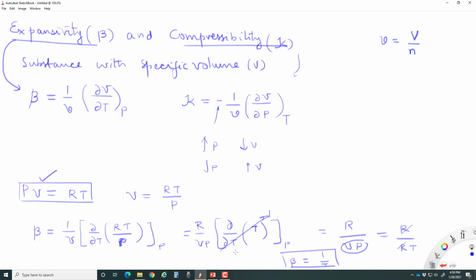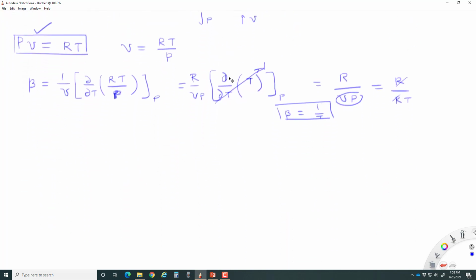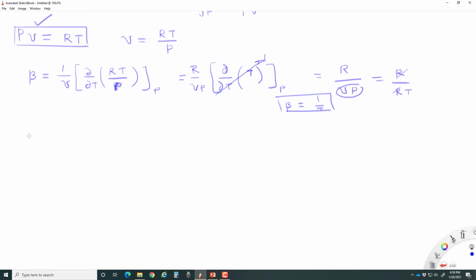Now let's look at the compressibility for an ideal gas. Kappa is negative 1 over V d/dP, where we can write volume as RT over P, and that's at constant temperature. Since the temperature is constant, we can pull the temperature out of the derivative.